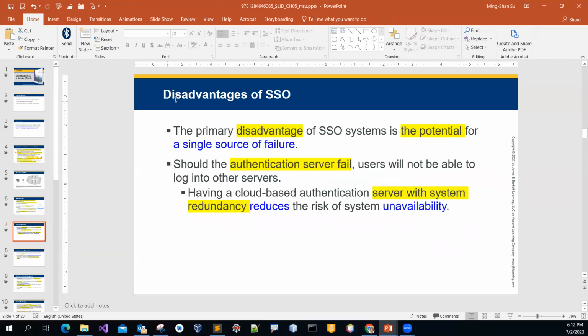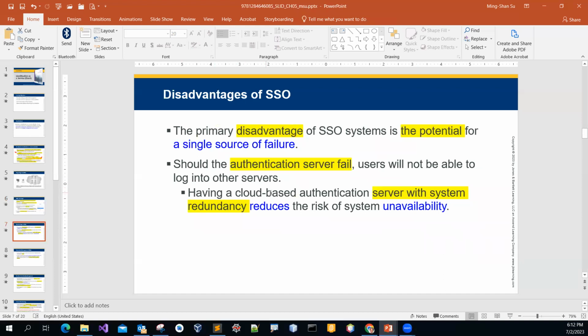How about the disadvantages of single sign-on? So the primary disadvantage of single sign-on systems is the potential for a single point of failure. Should the authentication server fail, then users will not be able to log into other servers.